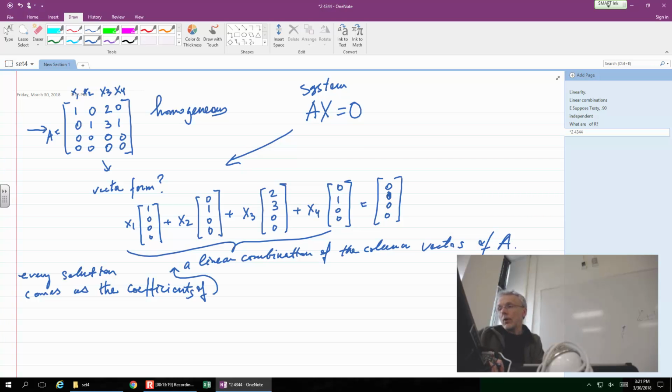The point being is that we want to recognize the vector subspace structure in our solution set. So let me just put it in the form of a theorem.